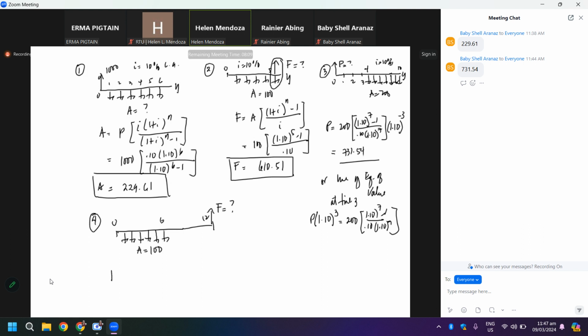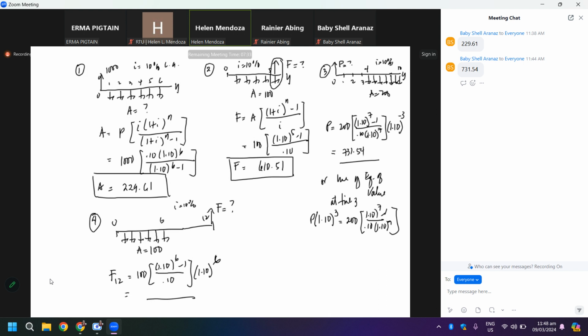So, F at 12 is simply A, i-diretso na natin. So, this is 100. Again, if I is 10%, so this is 1.1 raised to 6 minus 1 divided by 0.1 times 1.1 raised to 6. Yan na po siya. Kailangan nyo lang tignan is the equation. Kung naintindihan agad.